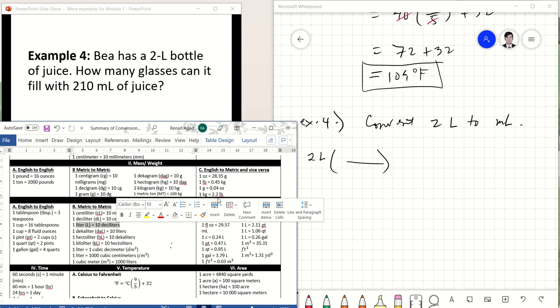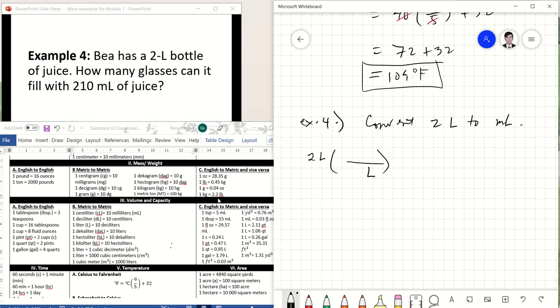So liter in the denominator so that it will be cancelled out. Liter to deciliter, deciliter to centiliters, then centiliters to milliliters. Looking at here, that's the path to reach liter to ml.